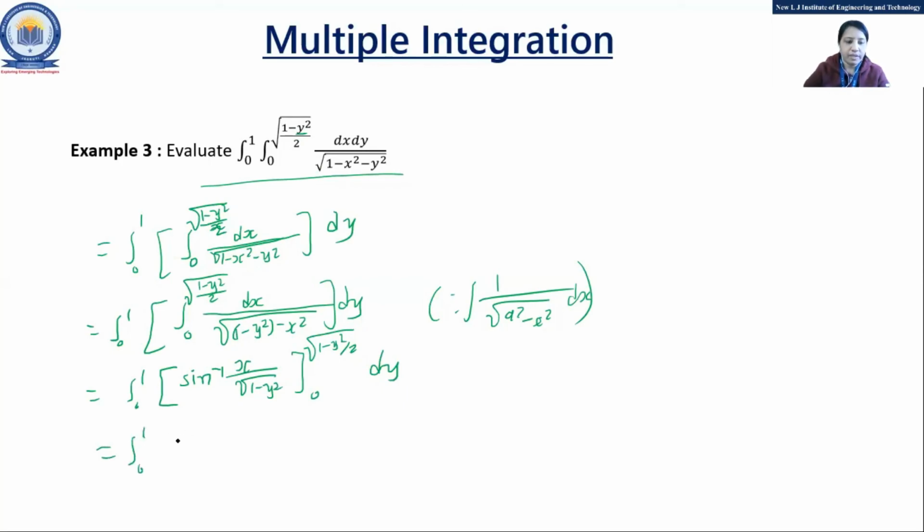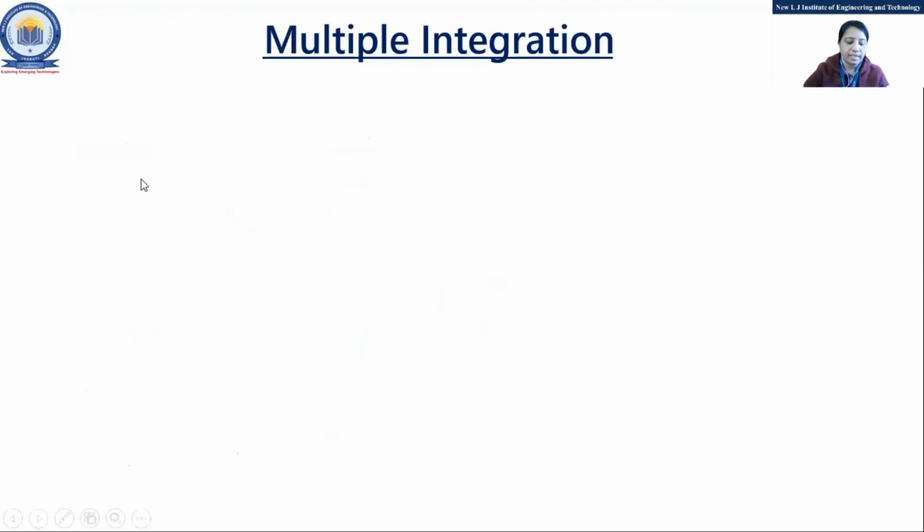So we will be having sine inverse 1 by root 2 minus sine inverse 0, dy. Sine inverse 1 by root 2, that is pi by 4. So I'll write 0 to 1, pi by 4, sine inverse 0, that is 0, and dy.